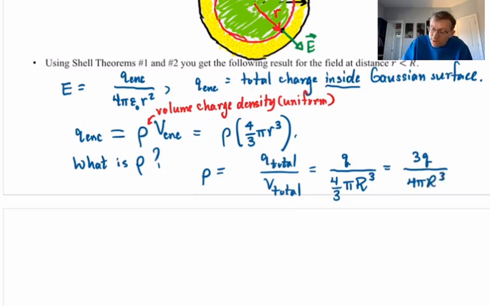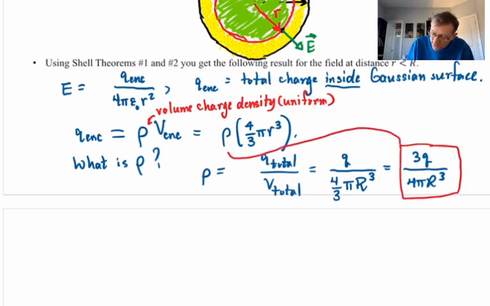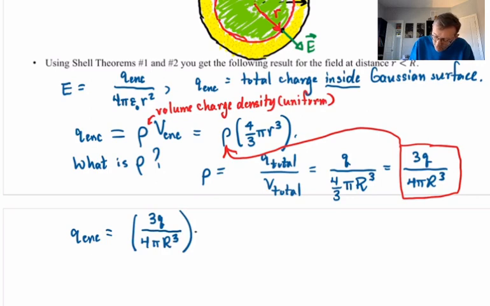And now let's substitute that expression for the uniform volume charge density, for the rho there in the Q enclosed formula. So we have, for the volume charge density, 3q over 4 pi big R cubed. Really important to keep track of the r's.